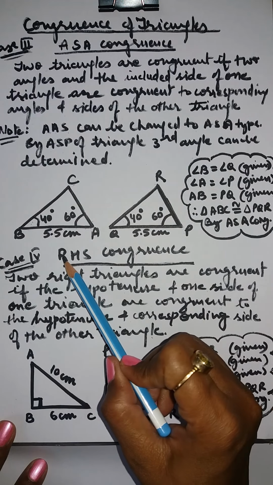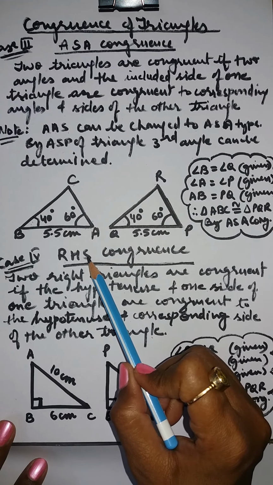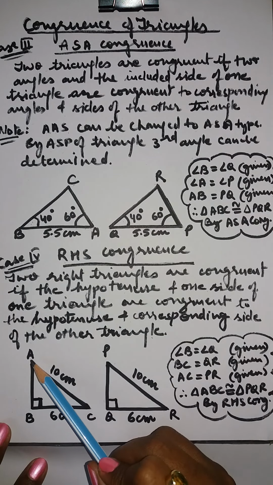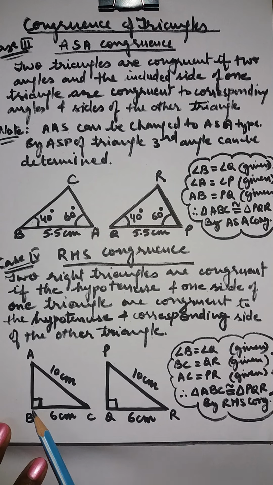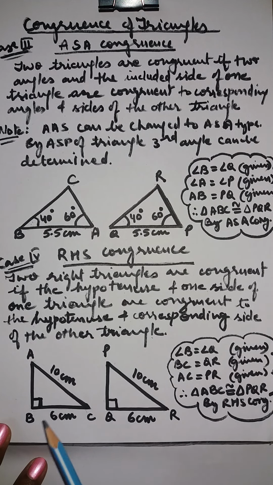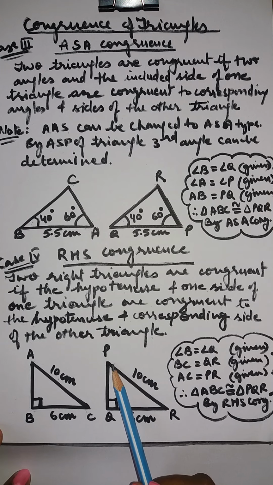So R stands for right angle, H stands for hypotenuse and S stands for side. Let's see whether these three elements are present here. AB side, BC side and AC side. AC side is just opposite to the right angle. So this side is hypotenuse and this is one side given and we know it is a right angle. So we can see the same is happening in the second triangle also.